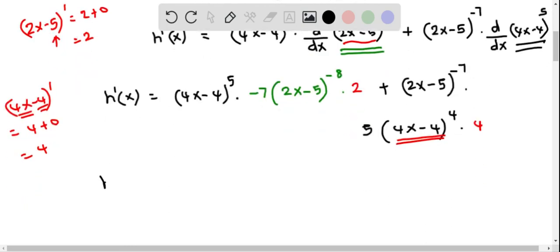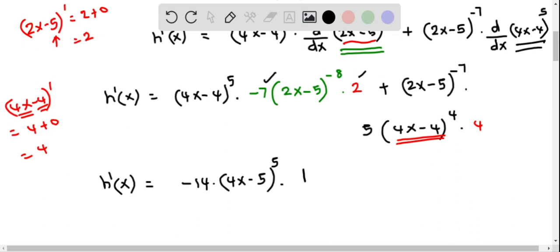So we have h prime of x, and this equals, we will multiply the numbers, that is negative 7 times 2 is negative 14. So I put negative 14 times (4x minus 4) raised to the power of 5, and we write down the negative powers of the expression as positive powers by writing them in the denominator.